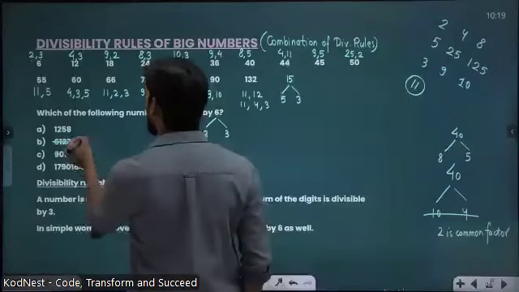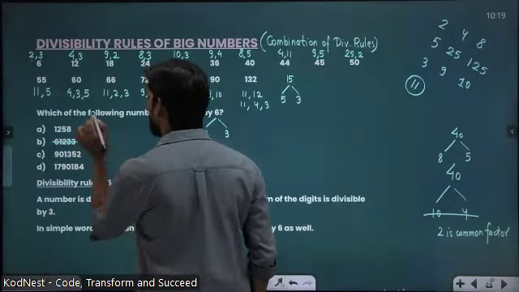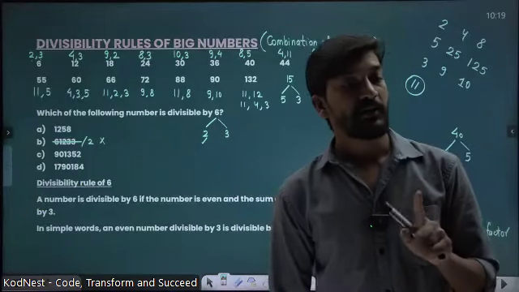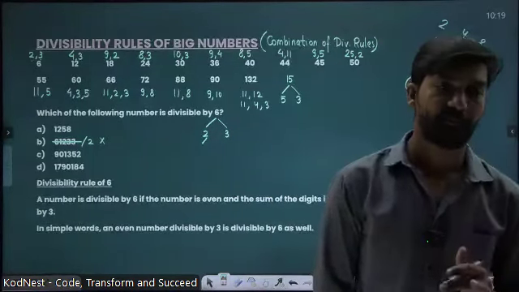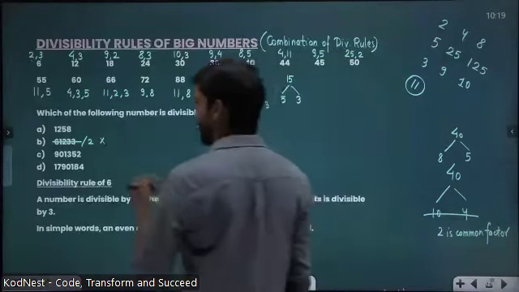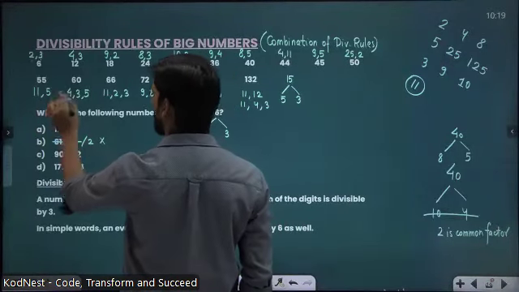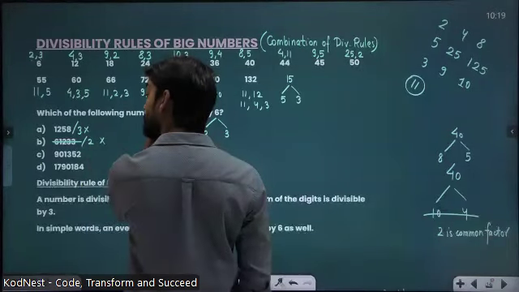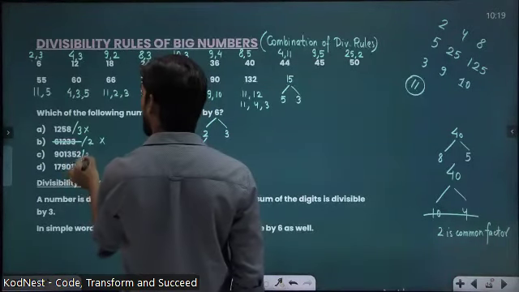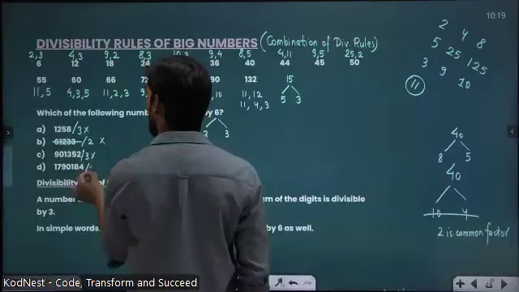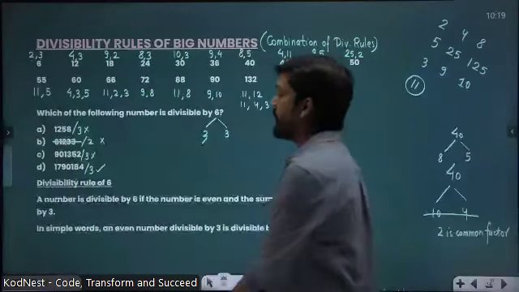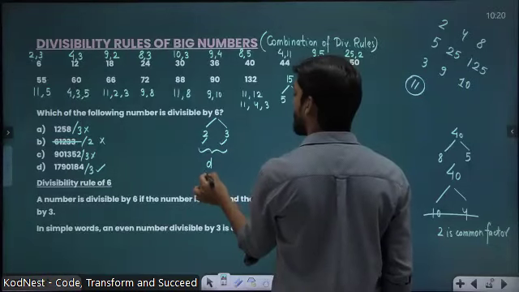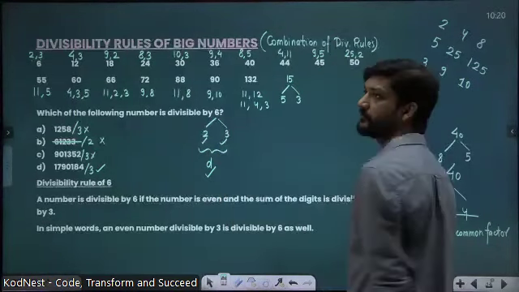It is not divisible by 2. Therefore, option is wrong. Which option is divisible by 3? D option. Okay, 3, 8, 5, no. It is not divisible by 3. It is not divisible by 3. So that means this is divisible by 3. So D option is divisible by 3.